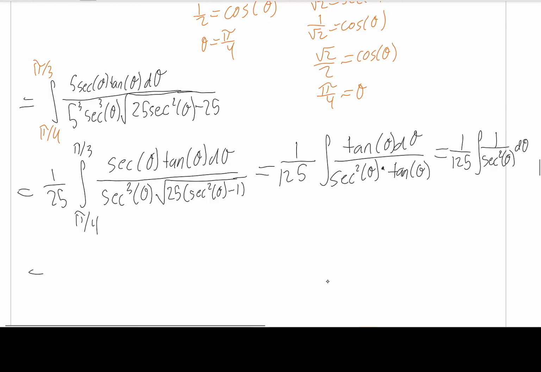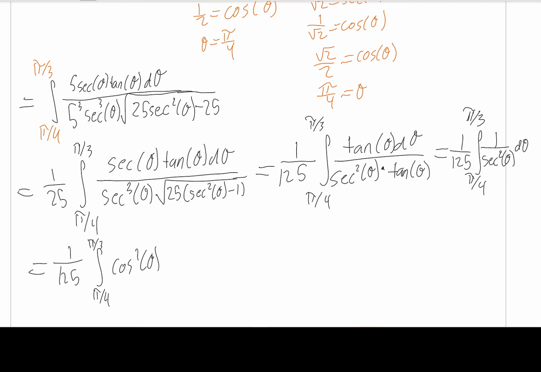So this should be 1 over 125 times the integral from, oh, let me keep these integration limits in here. Okay, so we should have cosine squared theta d theta.